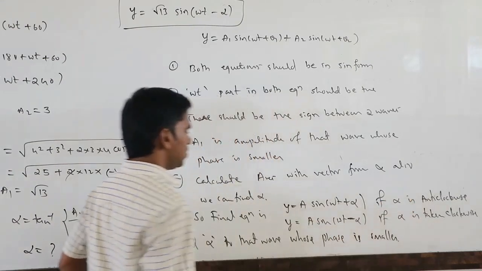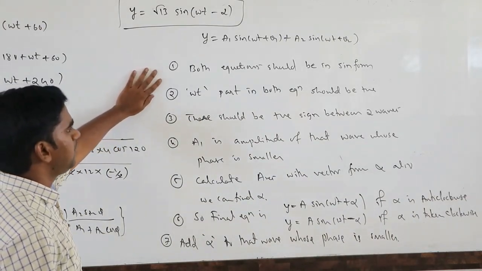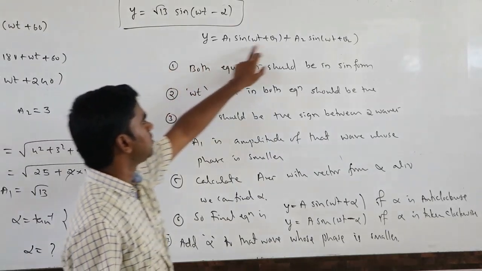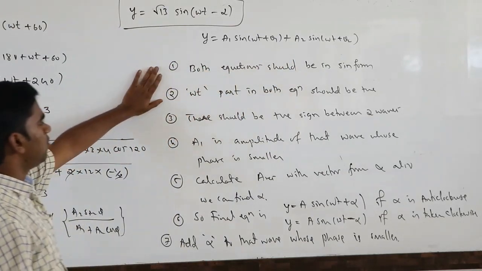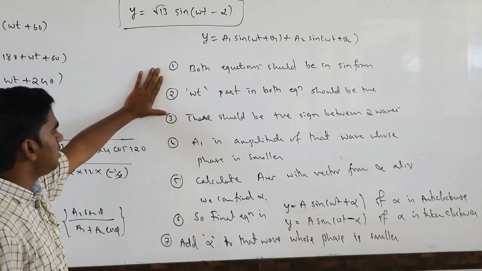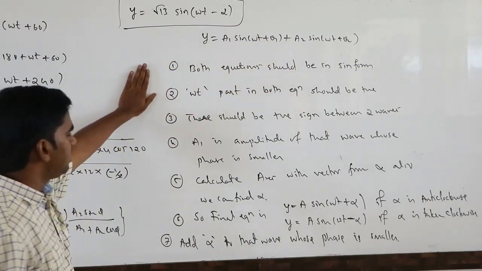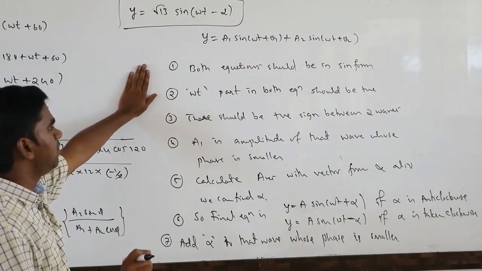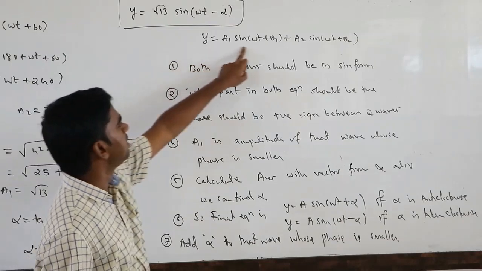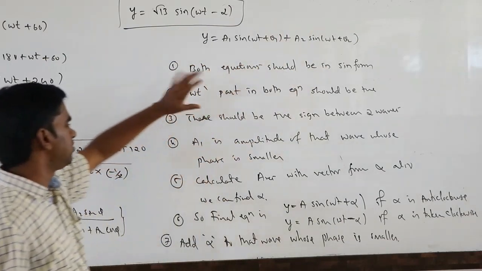So these are the steps which you have to follow. Take the given equation and check that both equations are in sine form. Then the omega t part should be positive. Third, there should be a positive sign between the two waves. If everything is okay, then a1 is the amplitude of the wave whose phase is smaller; it becomes the first value.